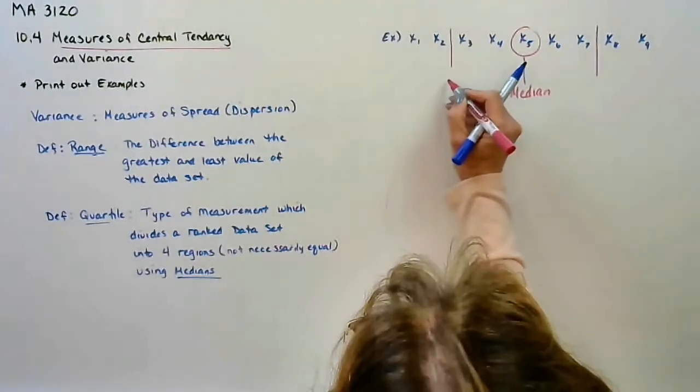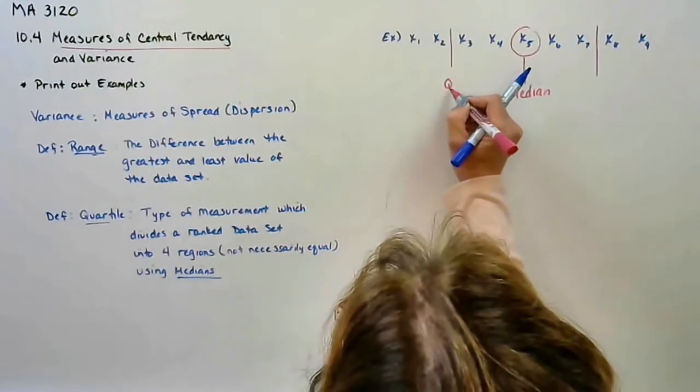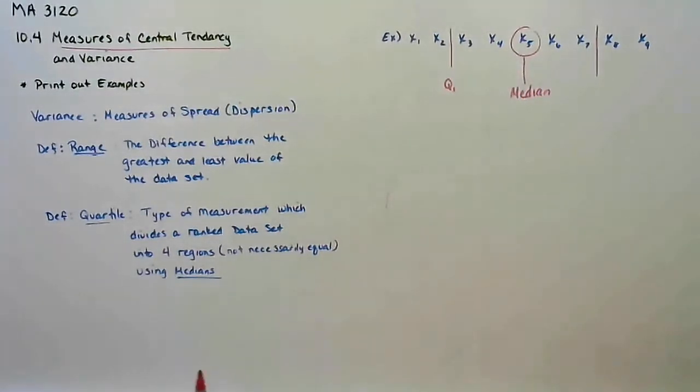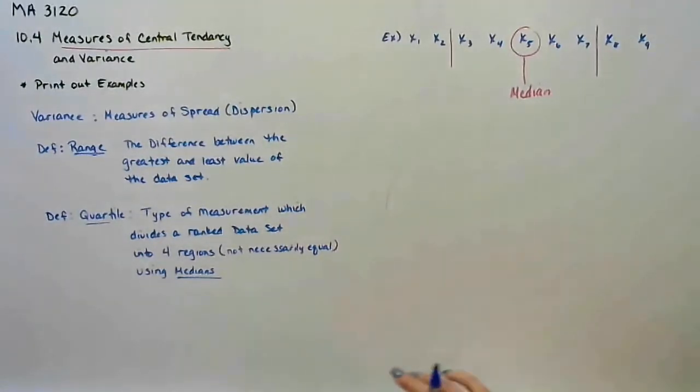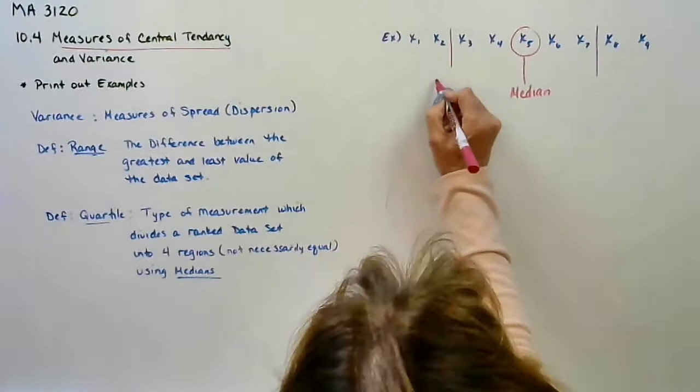This first part is called quartile 1. So I'm going to call that 1. I'm going to write it out because it's the first time we've seen it. This first part would be our lower quartile.